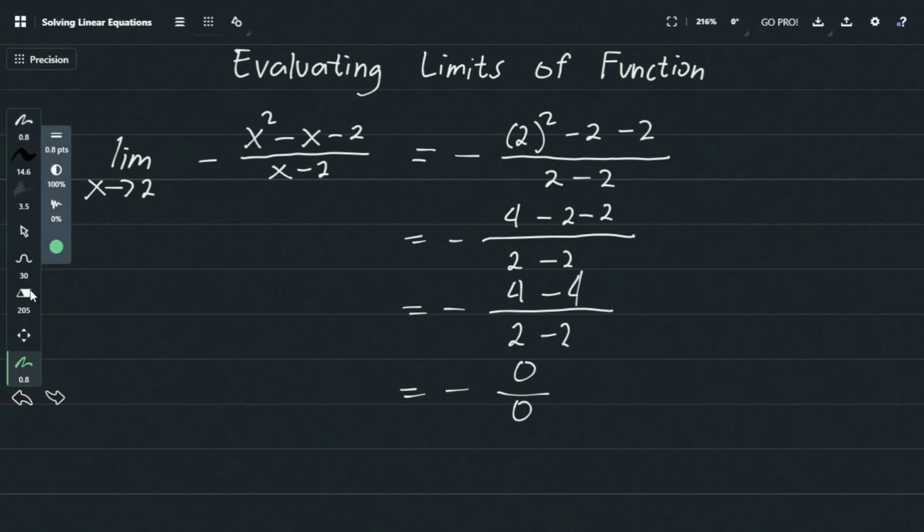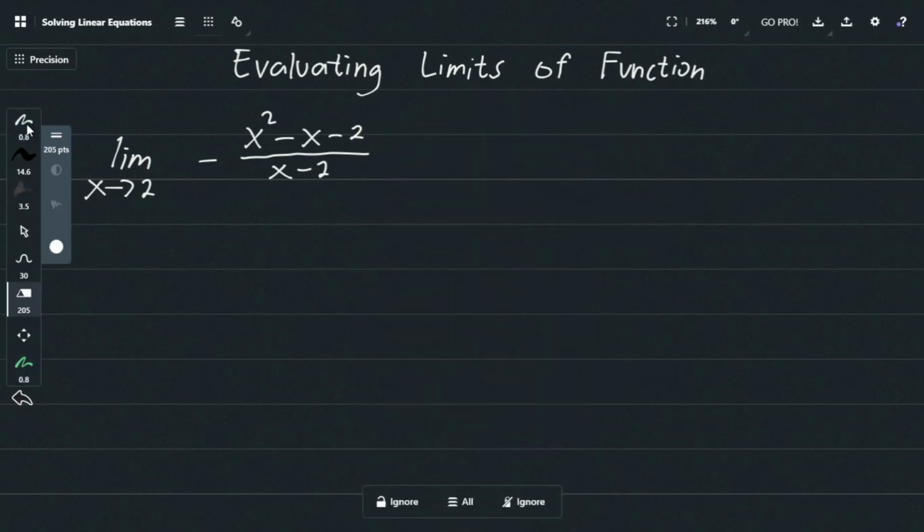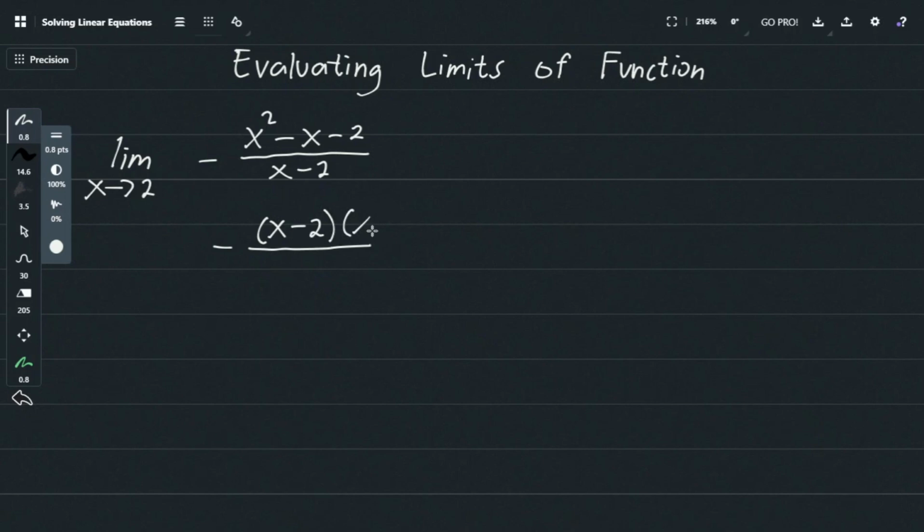Okay, so let's erase this solution. So we can rewrite the numerator as the quantity of x minus 2 multiplied by x plus 1. Okay, so copy the denominator, x minus 2.